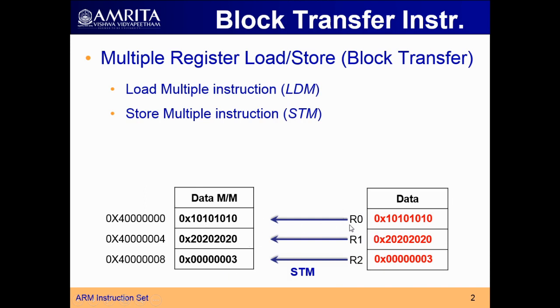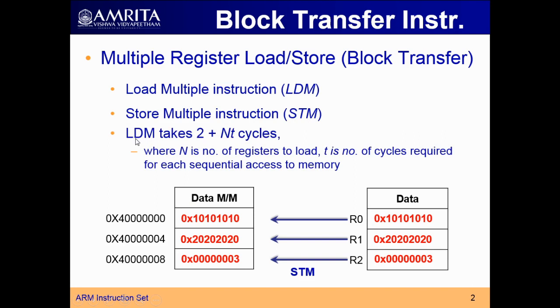The content of R0 will be moved on to memory location 4000, the content of R1 to memory location 4004, and the content of R2 to memory location 4008. Now you can see that whatever data was present in registers has been moved on to the corresponding memory locations. This is the function of the load multiple and store multiple instructions.